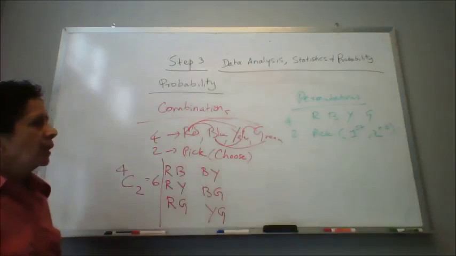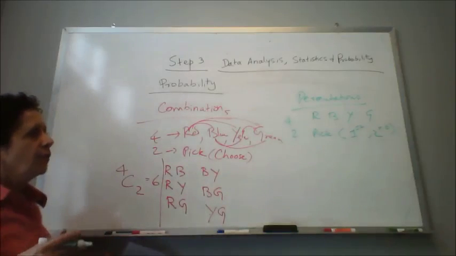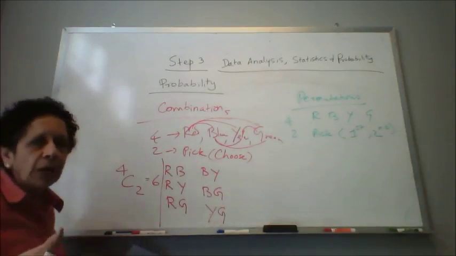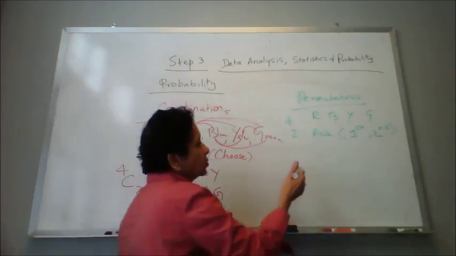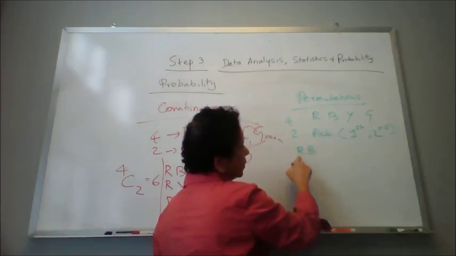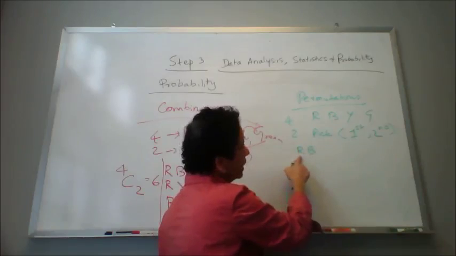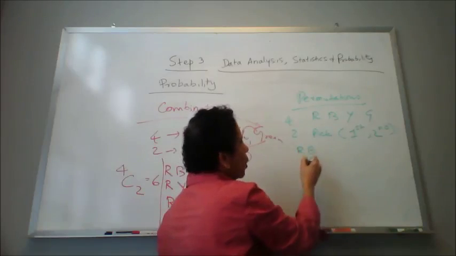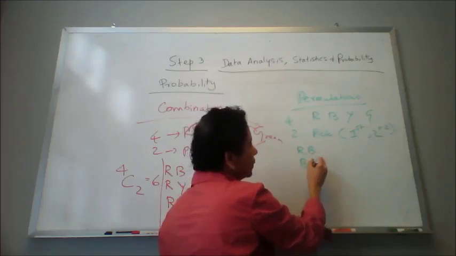Okay, so now how many possible winning sequences are there? What are all the possible winning sequences? So here, first prize, second prize: the red dog wins the first prize, blue, second prize. Or it could be the other way around.